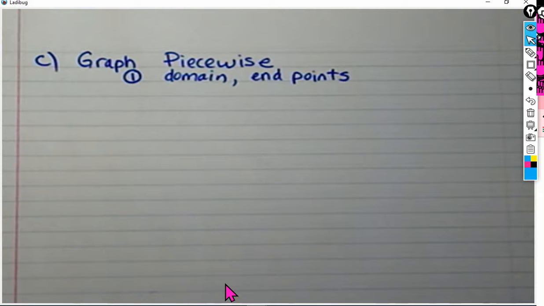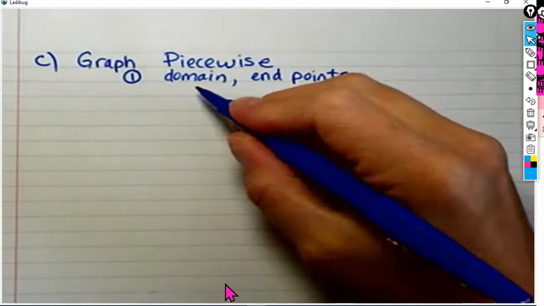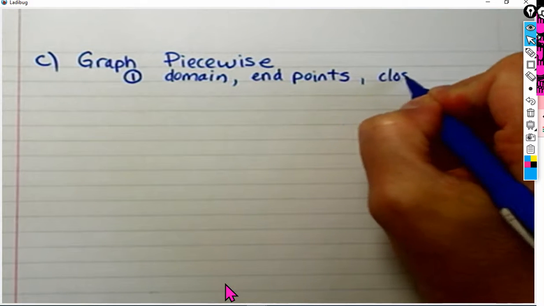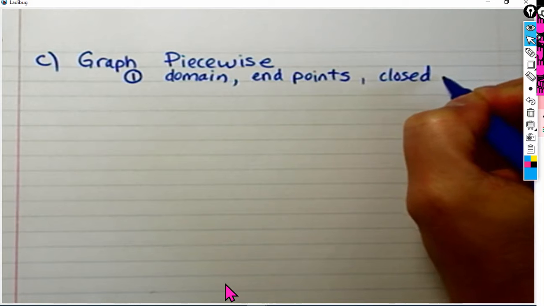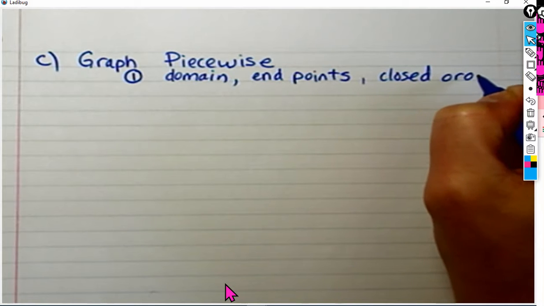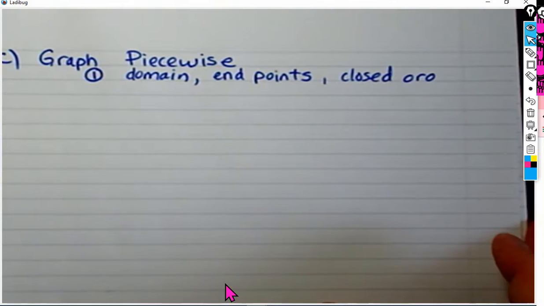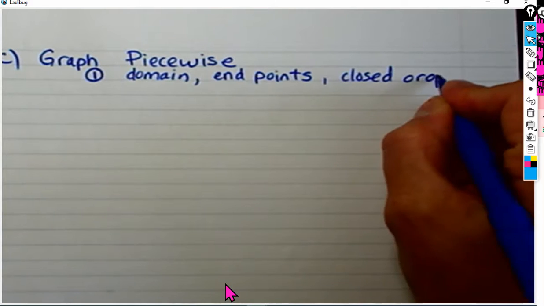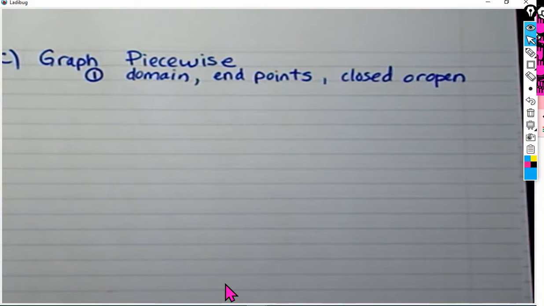We may have line segments, we may have rays, which is a point and an arrow. And the domain is going to tell us whether these points are closed or open.